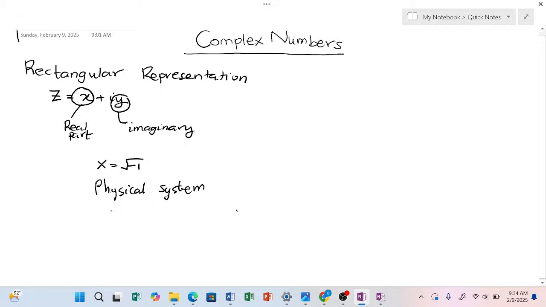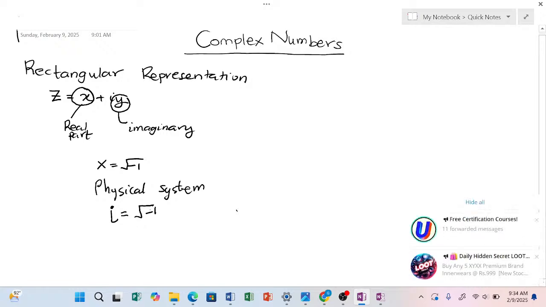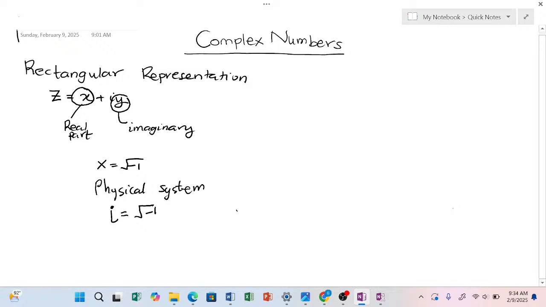And so we use the symbol i to represent complex numbers, which is i is equal to square root of -1. So anytime you see i attached to a number, it means that number is in the complex form, or it's a complex number.